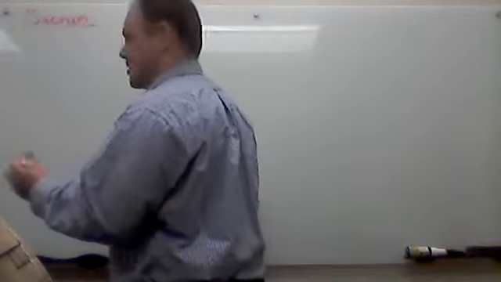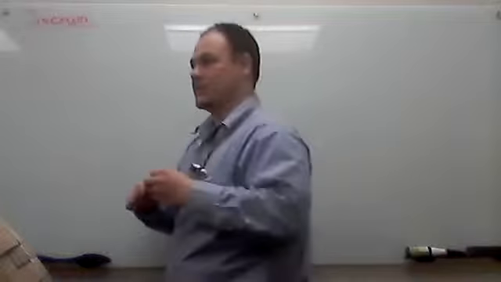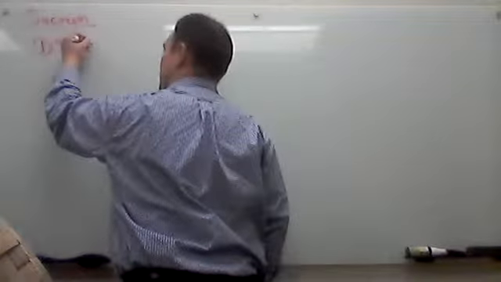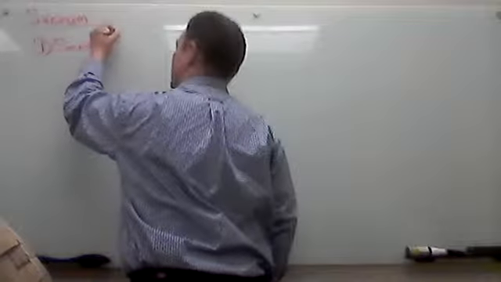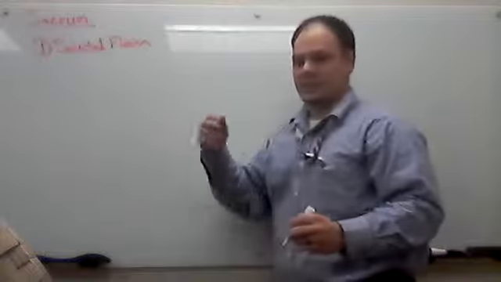Alright, so we're going to go over the sacrum diagnosis. So sacrum somatic dysfunctions and their diagnoses. The first step is you're going to get your seated flexion, and that is going to tell you one of two things.